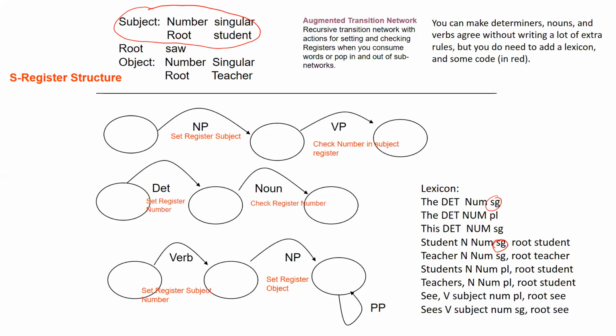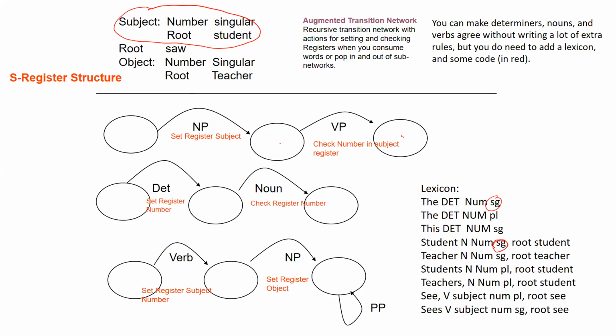Now, the noun phrase network and the verb network are independent of each other. When you're in the verb network, you can't see what happened previously in the noun phrase network. But when you finish parsing the verb phrase with a verb like sees, you're back up in the S network, where what you've discovered about the noun phrase and what you've discovered about the verb phrase are now visible to each other.